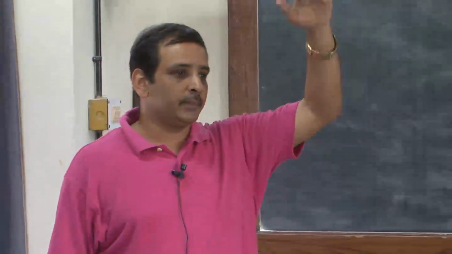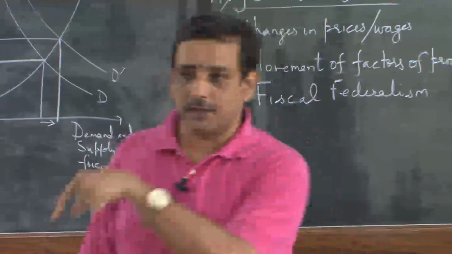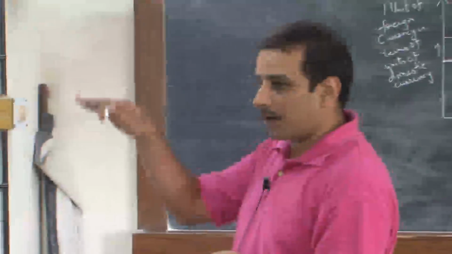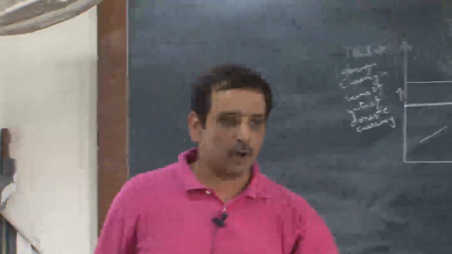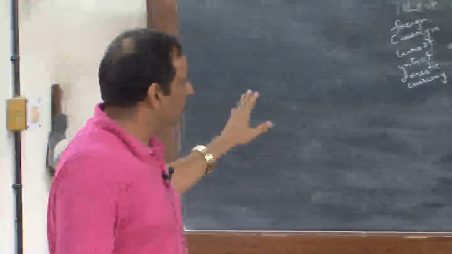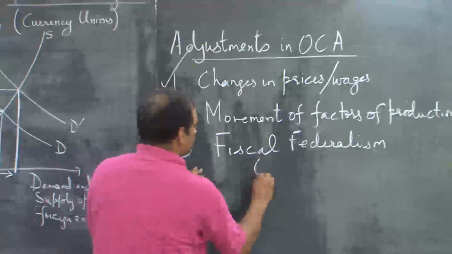So, the tax payments there would go up, the tax payments here in the eastern part would go down, the aggregate demand would increase in your country, the aggregate demand in their country would go down if you have a fiscal union.